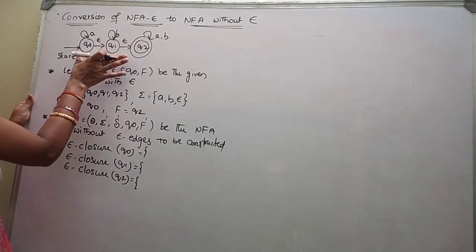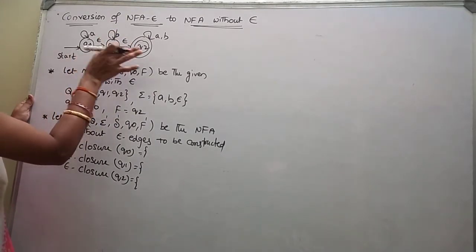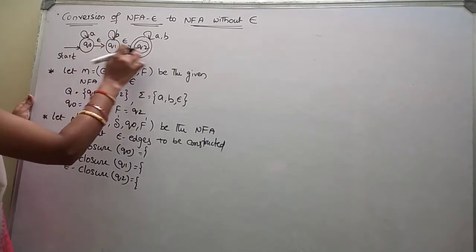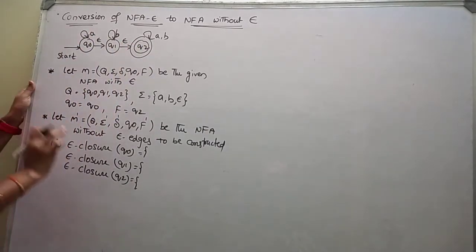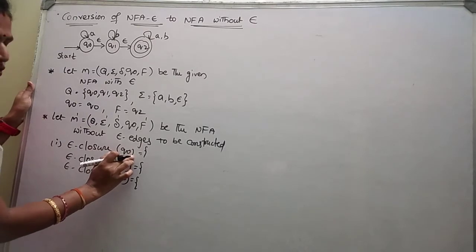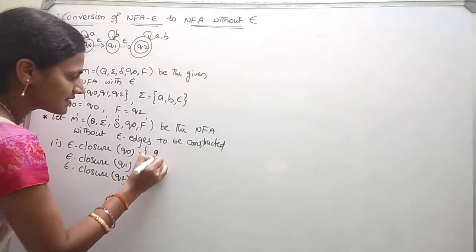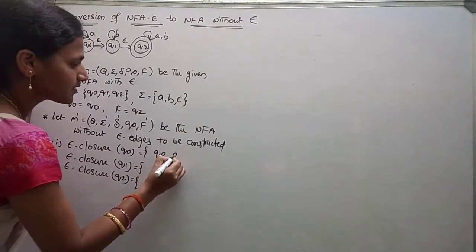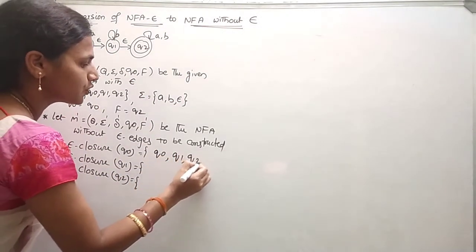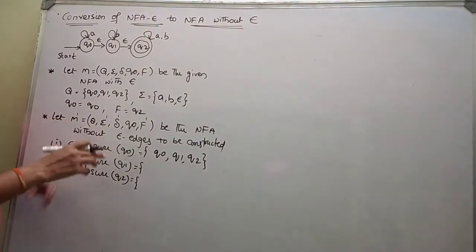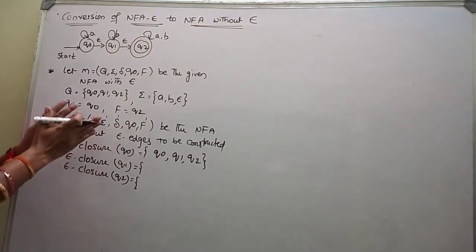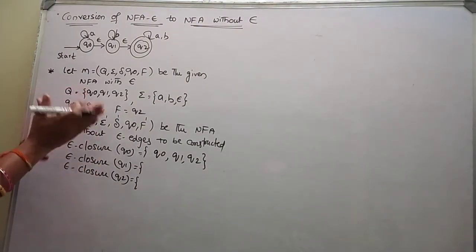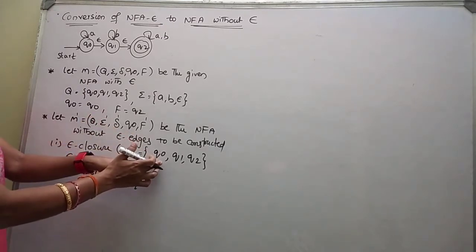That means there is a connection between q naught and q2 by the input symbol epsilon. So the epsilon closure of q naught is the state itself, that is q naught, and q1 and q2 as well. Whenever we compute the epsilon closure for any state, the state itself is considered one of the resultant states.